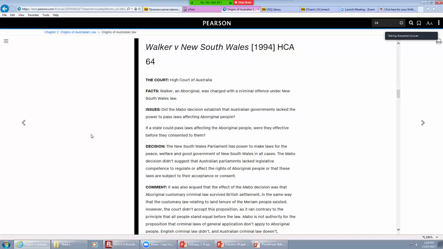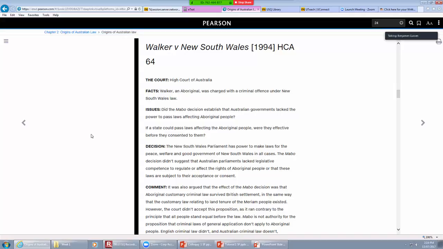Now, this case basically said this, that there was a legal right that attaches to a community, so it's a communal right, not an individual right, and attached to these indigenous people, and it said that they would have this right of ownership over land that pre-existed the common law system, the English system that we received in Australia in 1788.